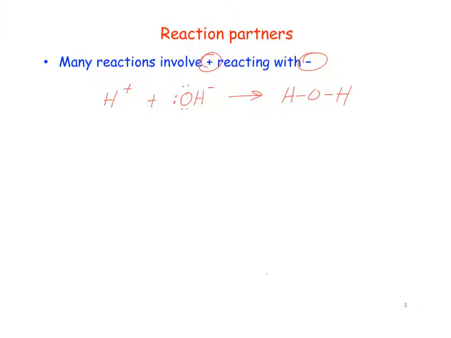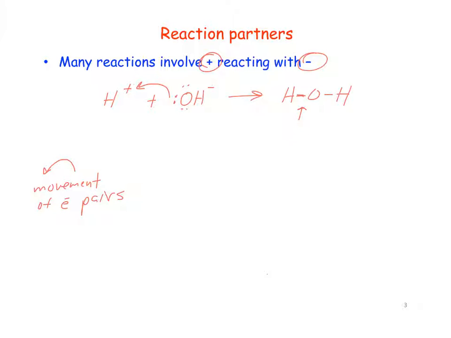We could show any of these, and we show an arrow like this, where this arrow shows the movement of electron pairs. We like to use these arrows a lot in organic chemistry. That pair is the pair that's going to be used to form this bond right over here.